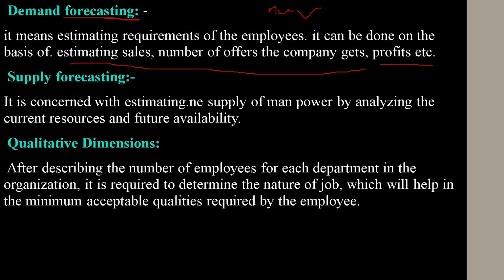If the company is getting more offers, then the company needs more employees to work on it, right? So this is demand forecasting. Supply forecasting, what is supply forecasting? It is concerned with estimating the supply of manpower by analyzing the current resources and future availability.